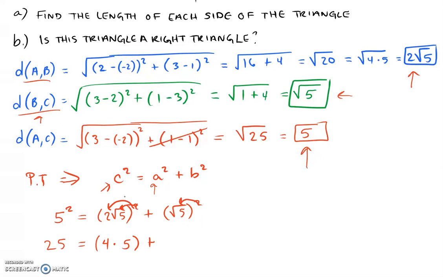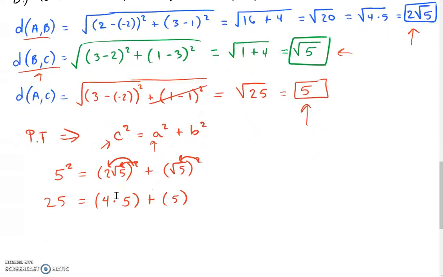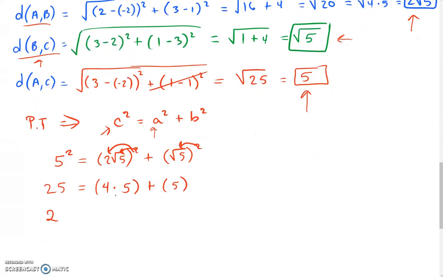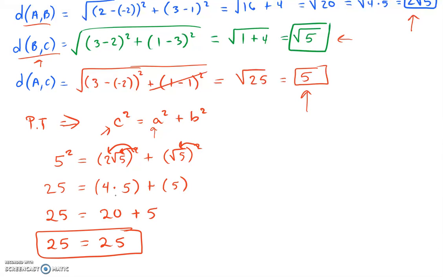All it does is knock out that square root. We're left with 5. Then simplifying that even further, we still have the 25 on the other side. Multiplying this 4 and 5 is going to give us a 20 plus 5. And what we can begin to see is that both sides are equal to each other, which means yes, this triangle checks out, and it indeed is a right triangle.